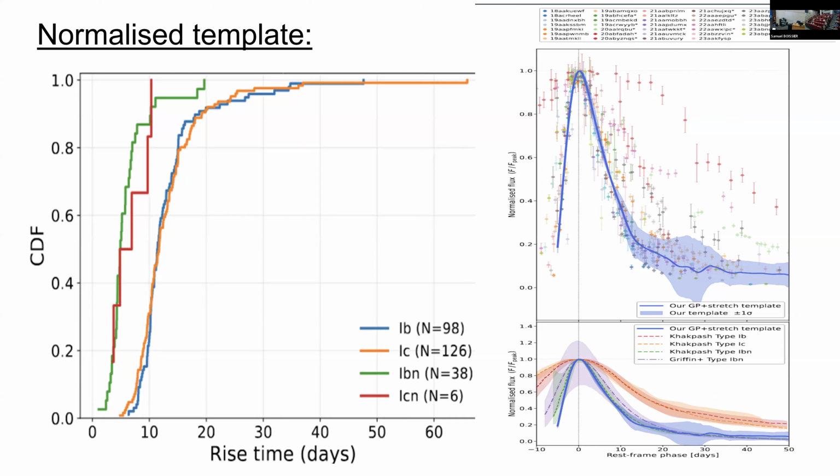Now, what we also wanted to do is to construct a template light curve to represent this as a population. So for this, we compiled these 40 light curves of type 1BN, and we used a method using stretch factors, which preserves the shape of the light curve, and we generated a template light curve, which could be representative of this class.